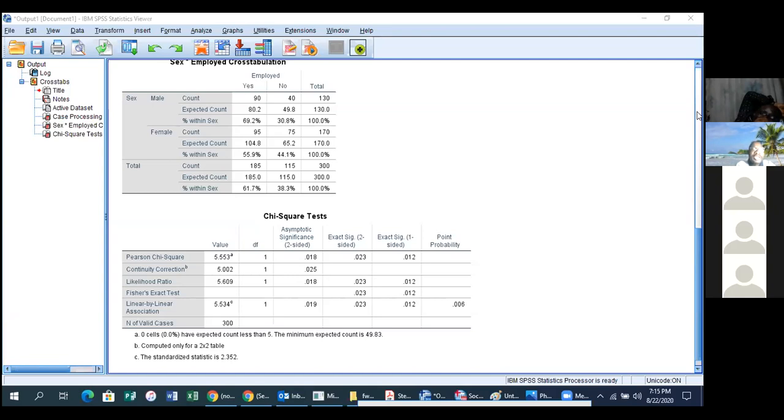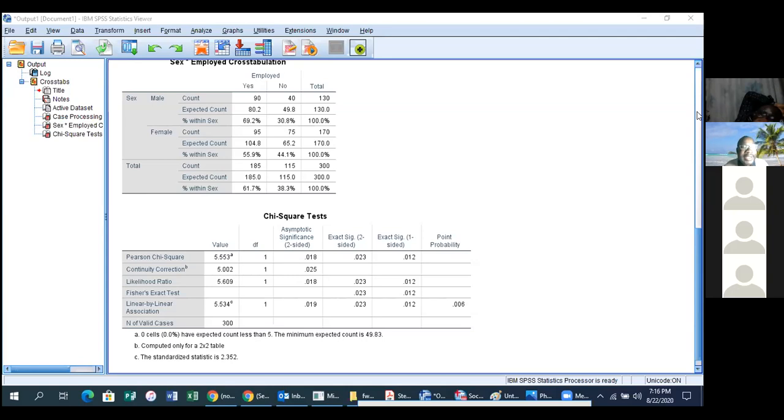Out of this 130 male, 69.2% are employed. Out of 170 female, 55.9% are employed. So we express it in percentage.